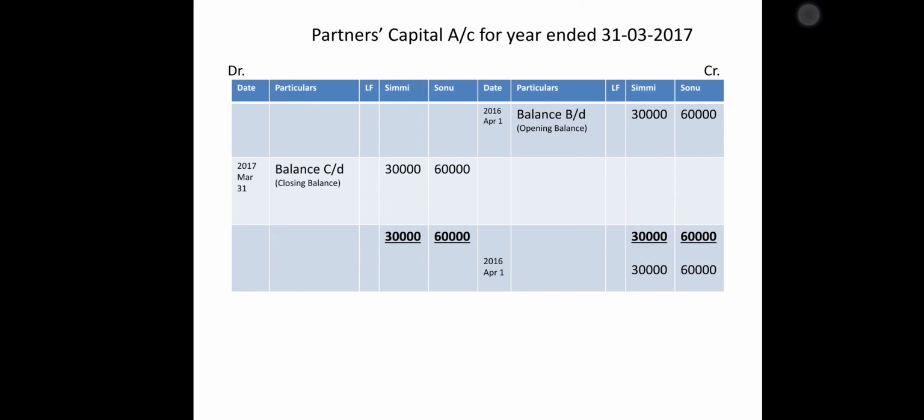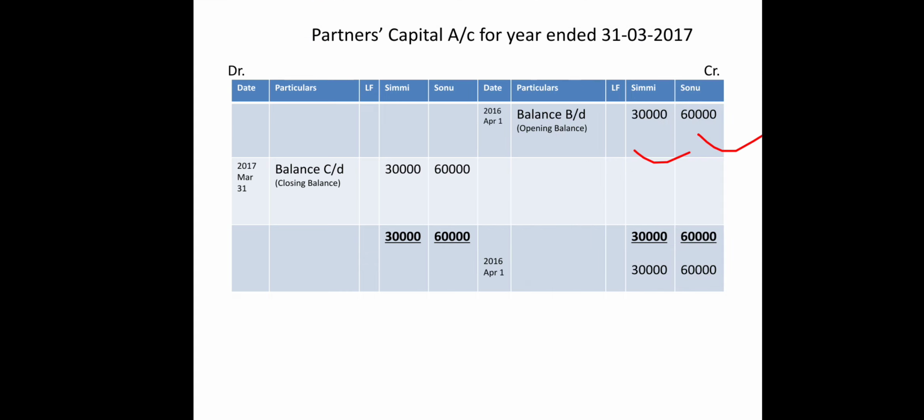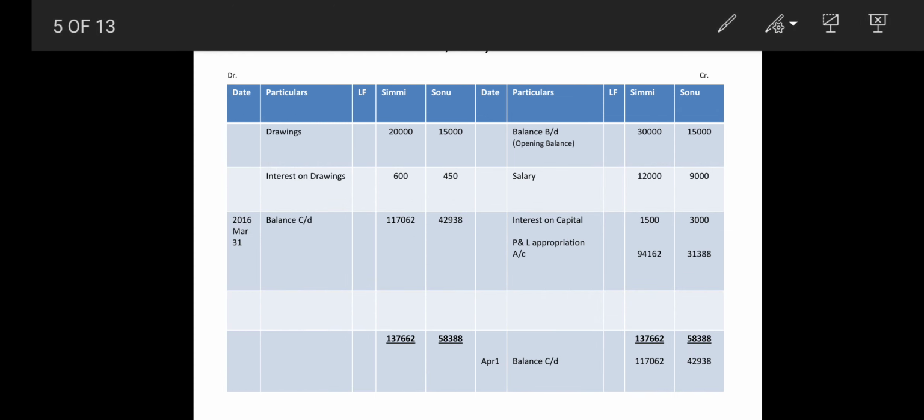Then the capital accounts: Simi stands with 30,000 while Sonu stands with 60,000. Then we come to the current account, which also has balances, so opening balance 30,000 and 15,000 respectively. This way all the balances we have discussed in the question are transferred.